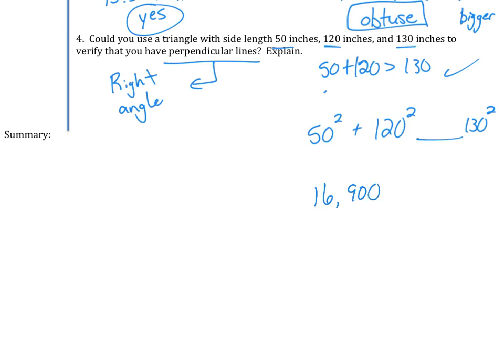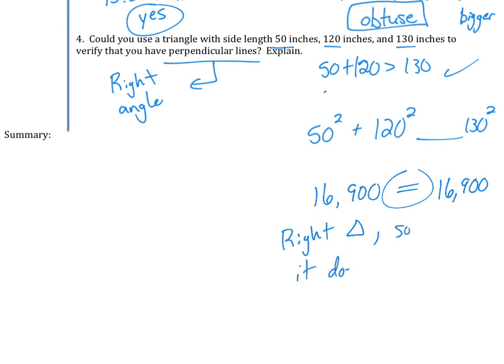And you get that from a calculator. 130 squared is 16,900 as well. So these are equal. So if they're equal, this would form a right triangle, which would mean, does it form perpendicular lines? Yes. So I'm going to say right triangle, so it does form perpendicular lines.